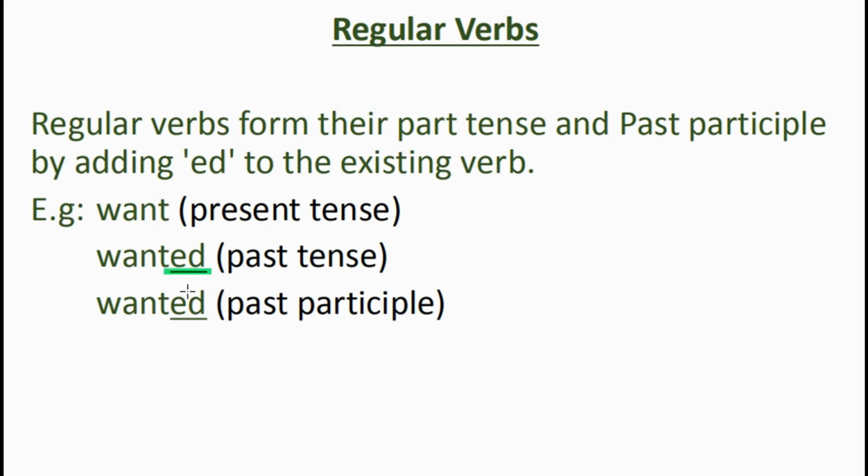You can see ed is added. In the past participle as well, it is also wanted. So we basically added the letters E and D to show the past tense and the past participle. That is regular verbs. They are quite easy to identify and they are not confusing.